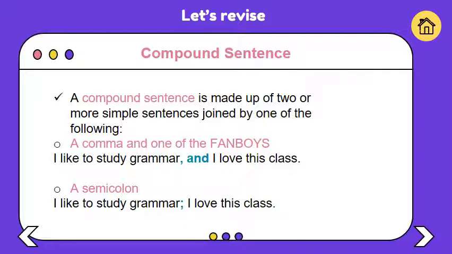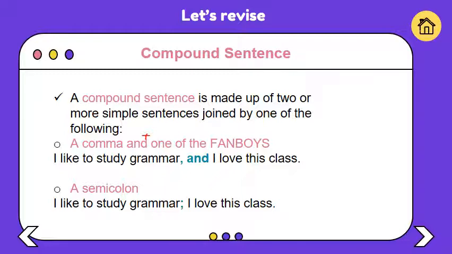We had two ways to join independent clauses or simple sentences to make a compound sentence. The first way was a comma and one of the fanboys: for, and, nor, but, or, yet, and so. Example, I like to study grammar, and I love this class.